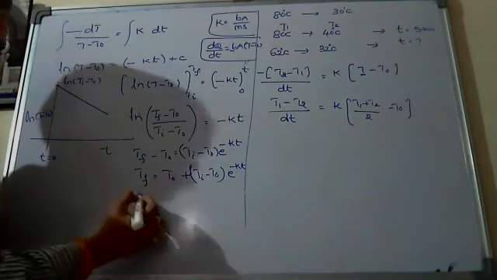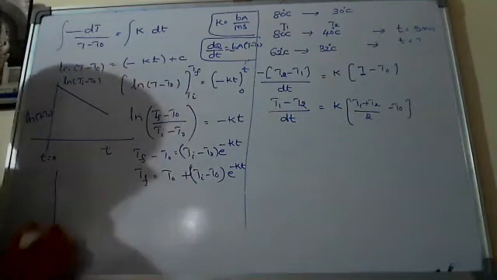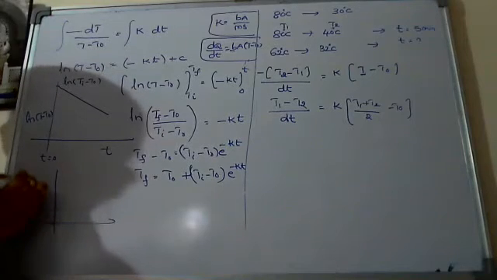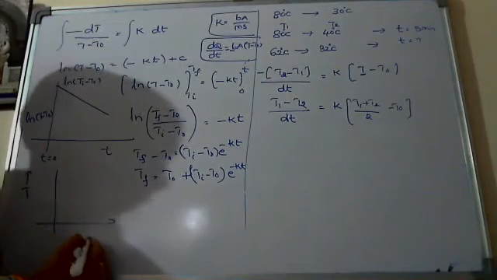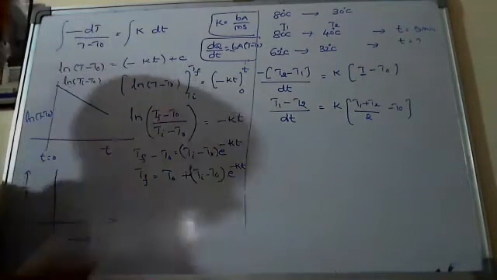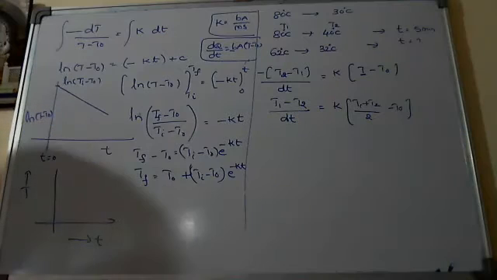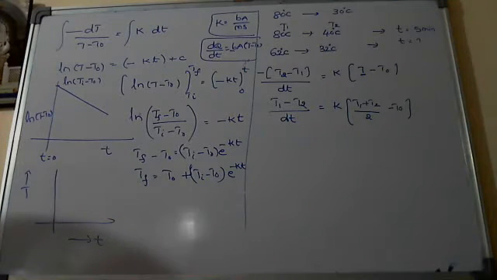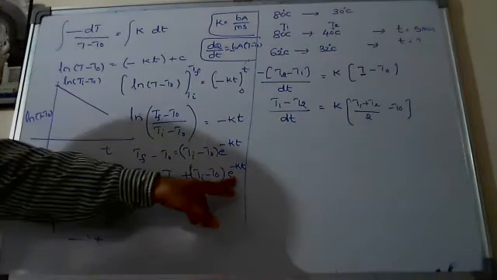It appears that if I take temperature on the y-axis and time on the x-axis, what type of graph will you get now? Rectangular hyperbola, sir? I think not rectangular hyperbola. This is an exponential graph.